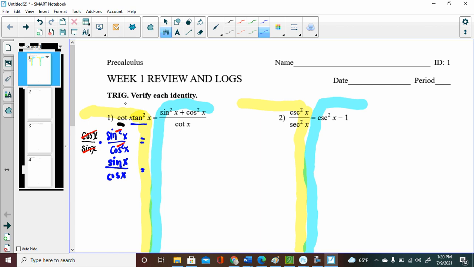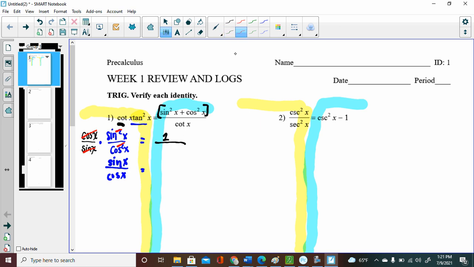Okay, that was just the left-hand side. So I'm simplifying, trying to get back to a place using the things that I know. The whole top is actually just one. Everything right here is equivalent to 1. That's an identity.